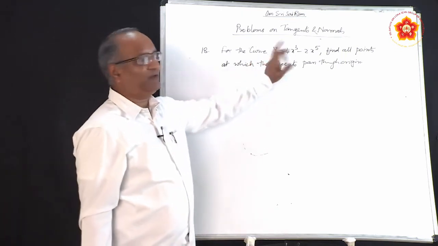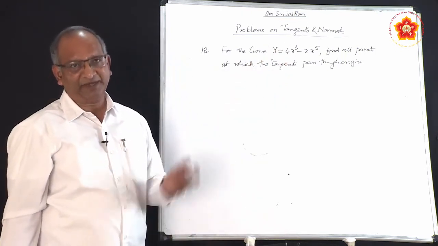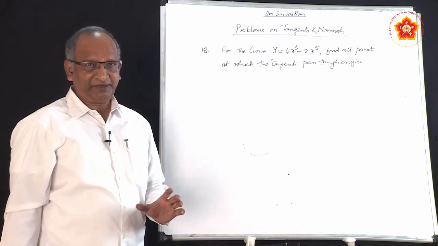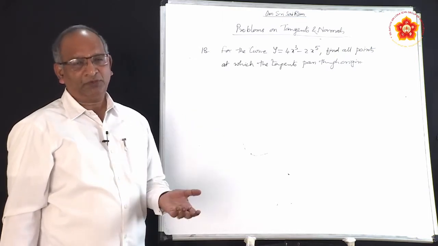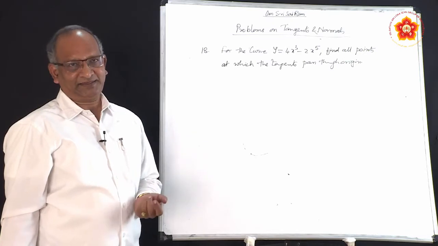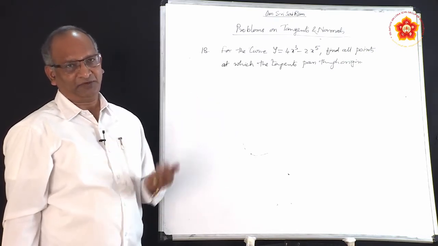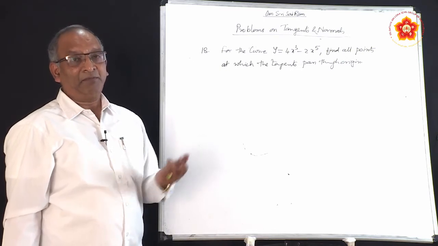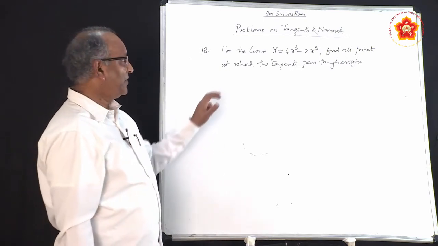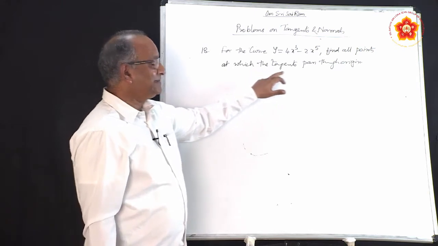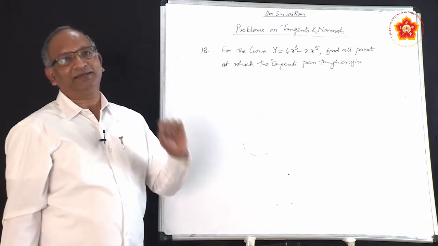He has given the function, so first find out the derivative. Once you know derivative, you know the slope of the tangent, and it's not one but there are many. We have to find out the equations, but the more important part is that the tangents are passing through origin.